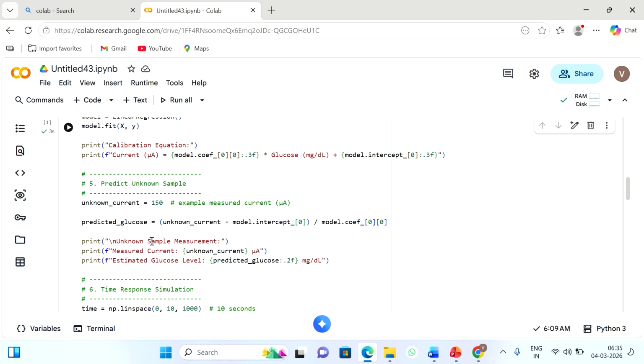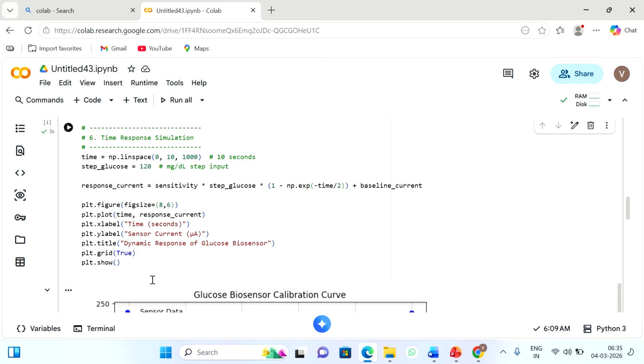And then dynamic time response simulation. So time is equal to np.linspace(0, 10, 1000), so it simulates 10 seconds of measurements. The step input is step_glucose, which is equal to 120.